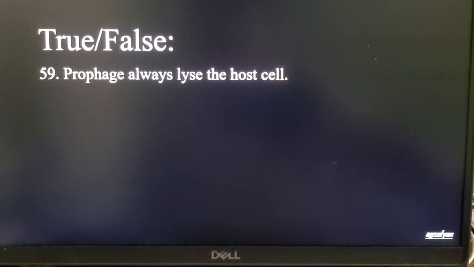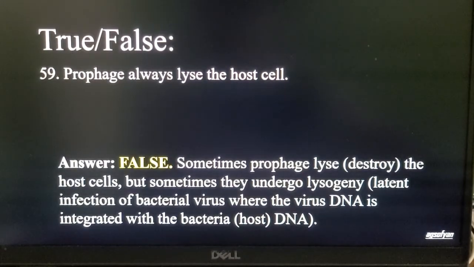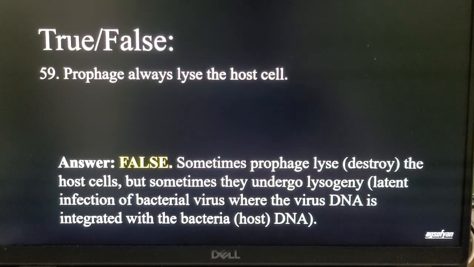True or false? 59. Prophage always lyses the host cell. Choose your answer. The answer is false, because sometimes the bacteriophage, the virus that attacks bacteria, does not always destroy the bacterial cell, which is called the lytic stage or phase.